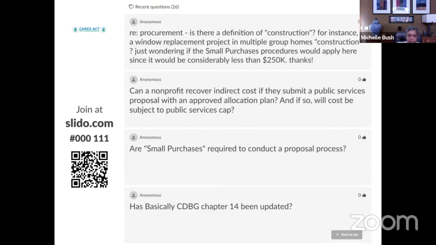The answer to that is yes. If they have an approved allocation plan, then you as the recipient must accept that plan, and they can recover those indirect costs. But those indirect costs plus their direct costs will be subject to the public services cap.